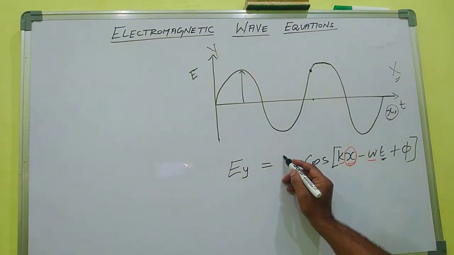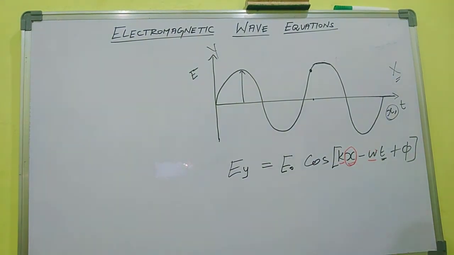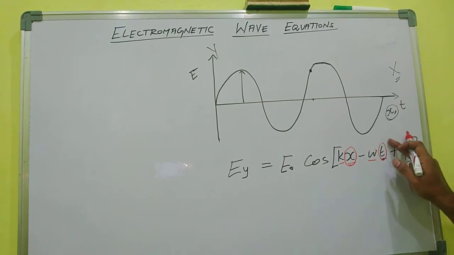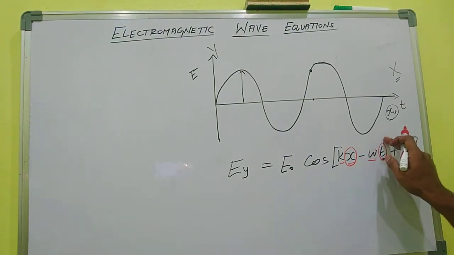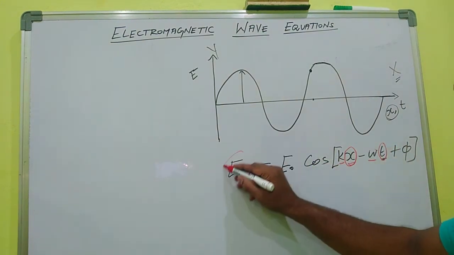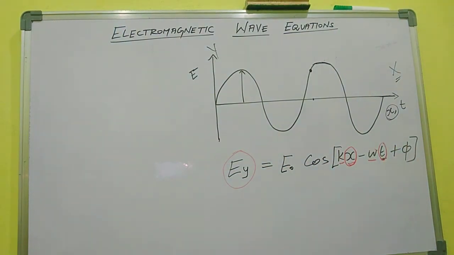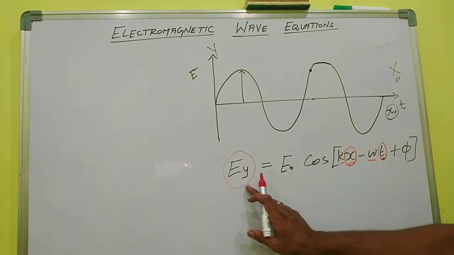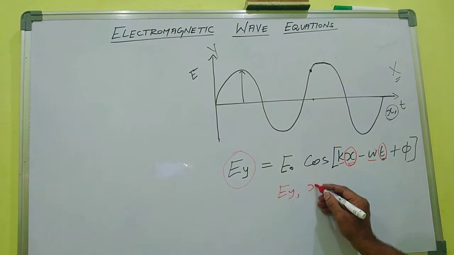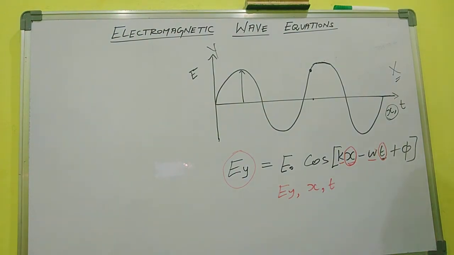X is displacement, and this displacement changes with respect to time. So time and displacement both vary. If these two vary, then the electric field vector in the y direction also varies. So these three things, Ey, x, and t, are variables.